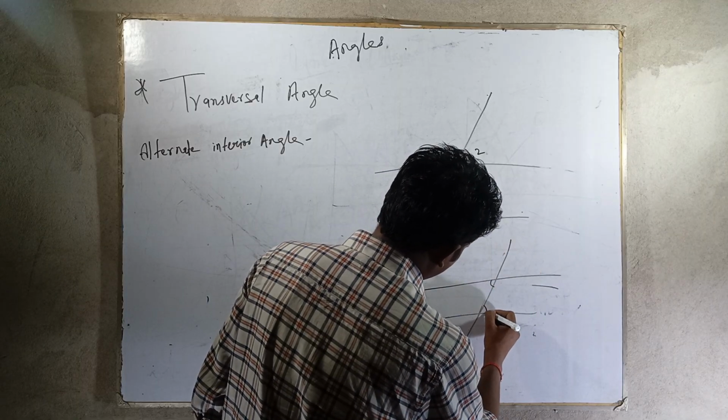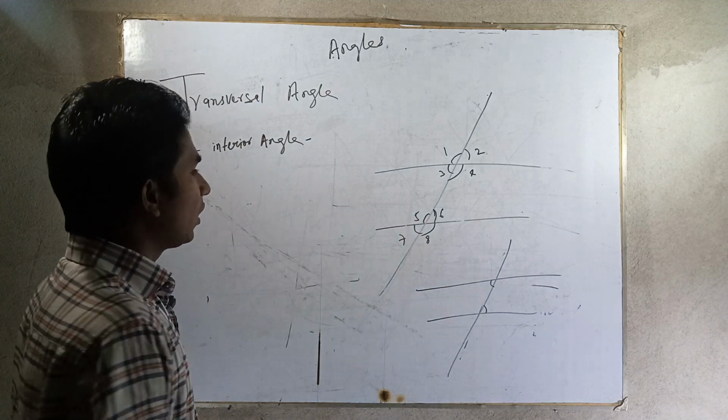If this one and this one are equal, this is called an alternate angle.